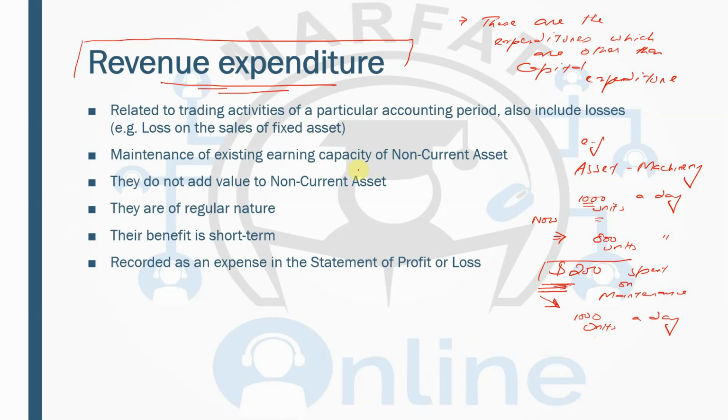Similarly, all day-to-day expenditures related to the trading activities of a particular accounting period, for example, purchase of goods or stock, are actually revenue expenditure.